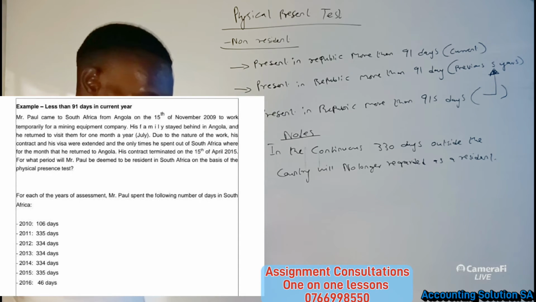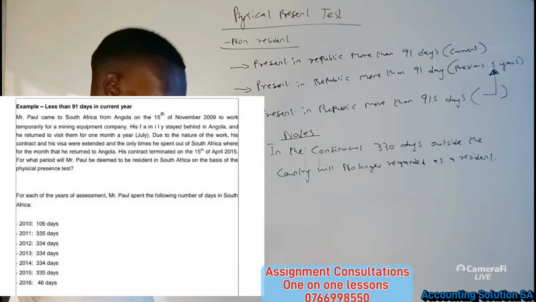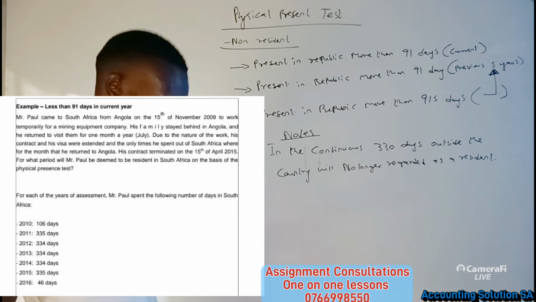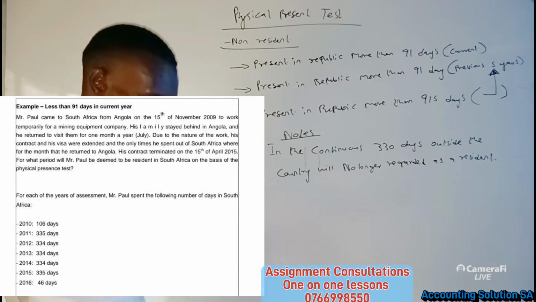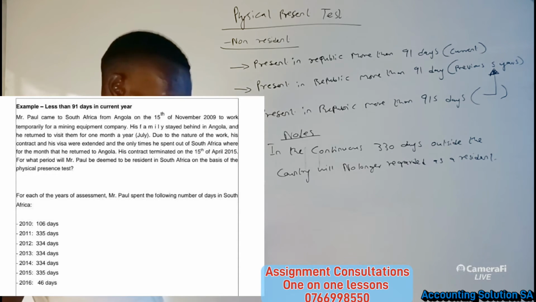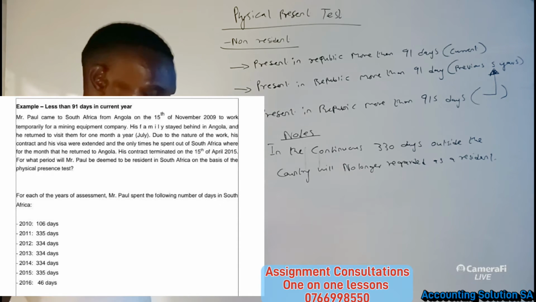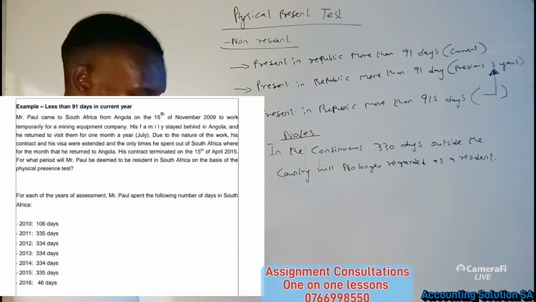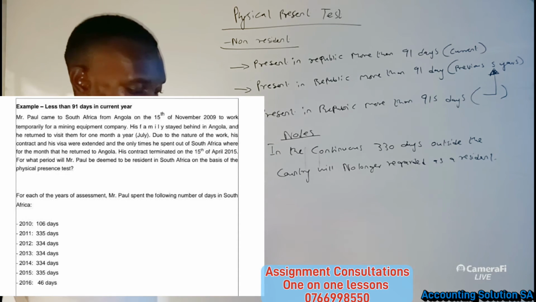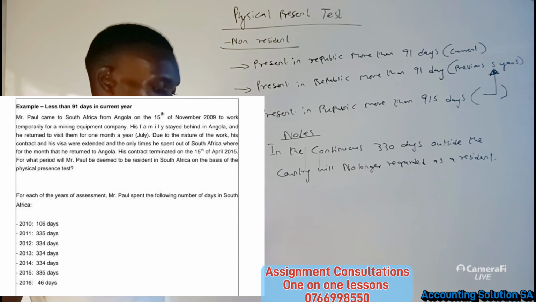His family stayed behind in Angola and he returned to visit them 1 month a year around July. Due to the nature of work, his contract and his visa were extended, and the only time he spent out of South Africa was the months that he returned to Angola. His contract terminated on 15 April 2015. For what period will Mr. Paul be deemed to be resident in South Africa on the basis of the physical presence test?